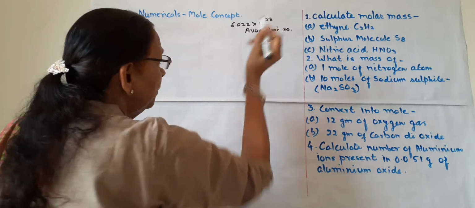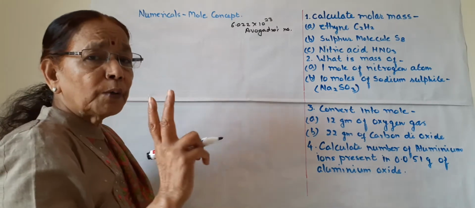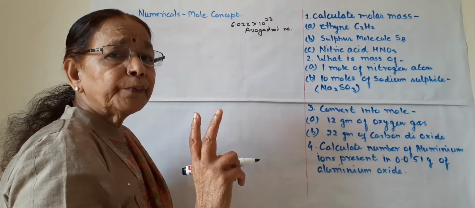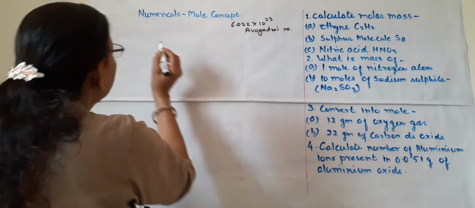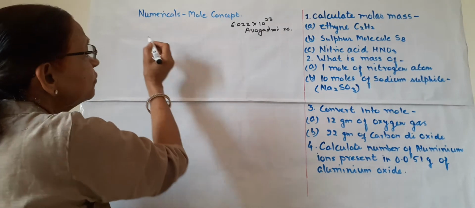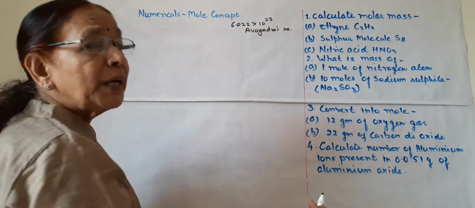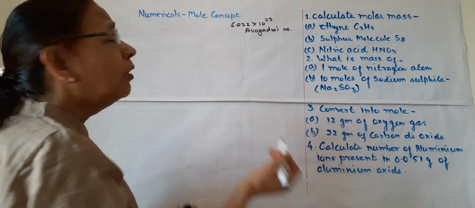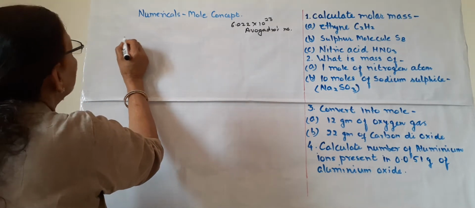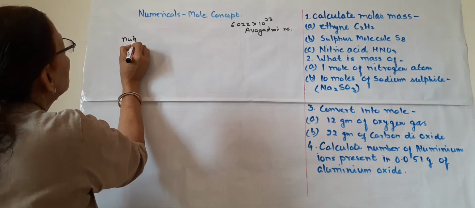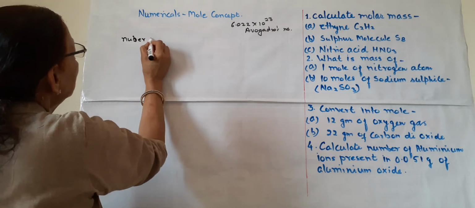This we know. Now we know two formulae to calculate number of moles. I am writing these formulae and all the numericals can be solved by these two formulae. So what are the formulae?